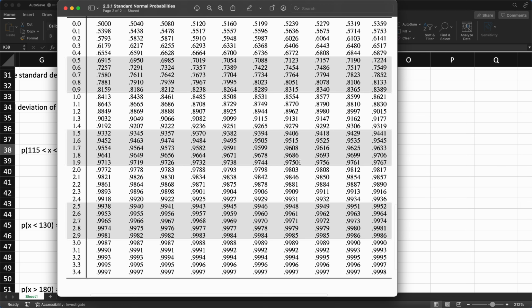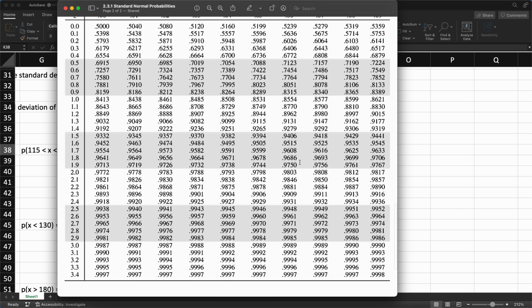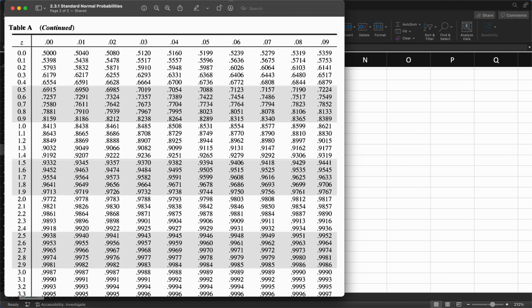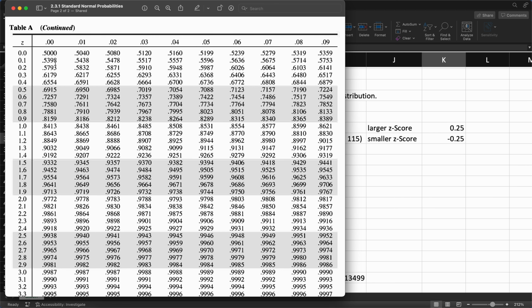Okay? And so in this case, what we would do is first we would find the area under the curve for this first z-score. There it is. So we have the larger z-score is 0.25. And so what you can see here is at 0.2 is the first decimal, and then 5 is the second one.